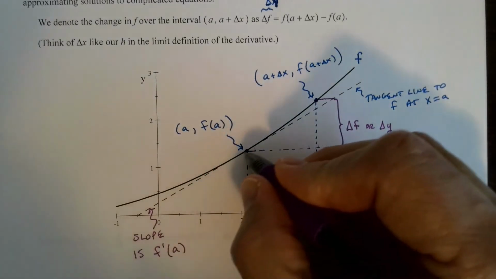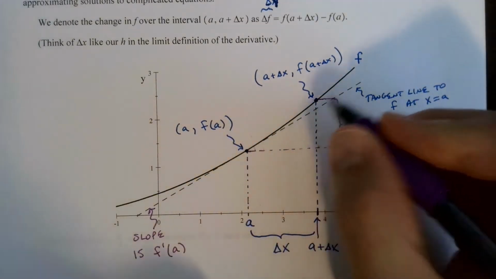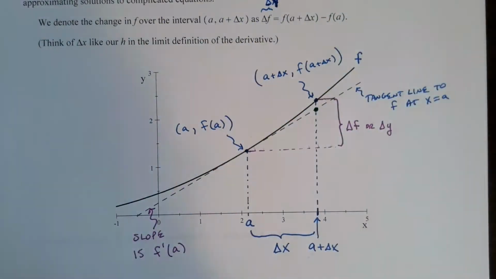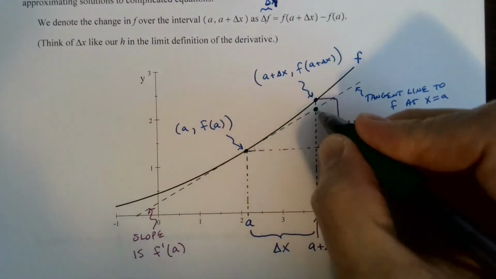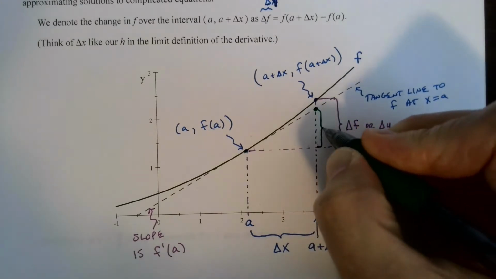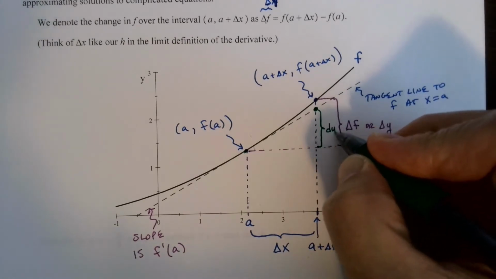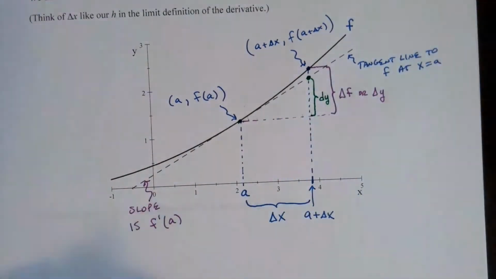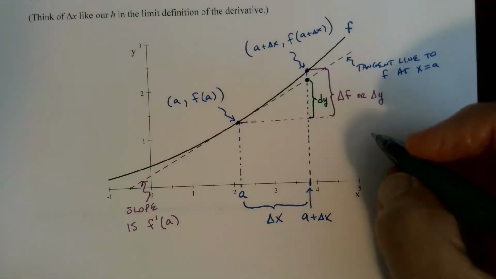If I instead travel along the tangent line and look right here at this point, then going from this point to this point, the change in height, we're going to designate that as dy or df, and this is something that we call a differential.